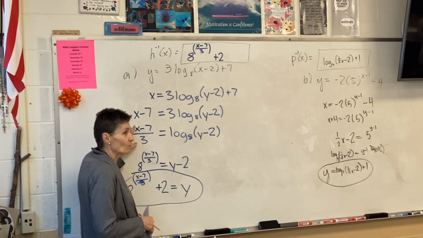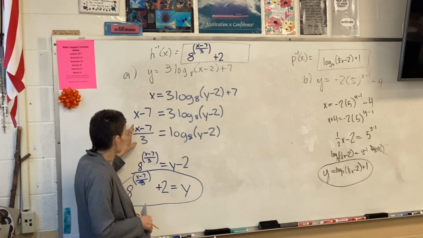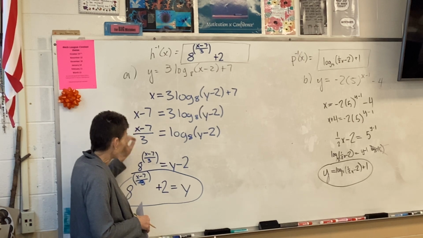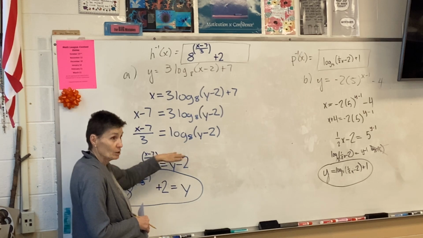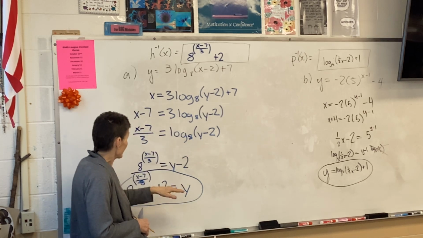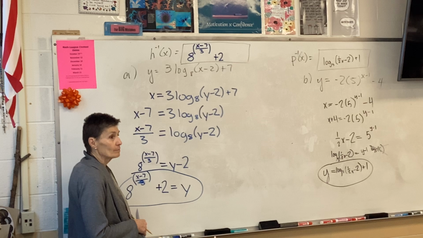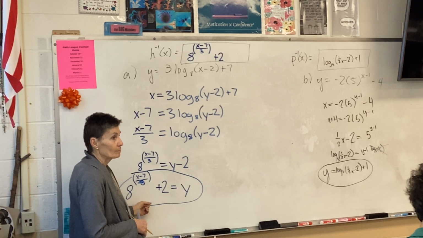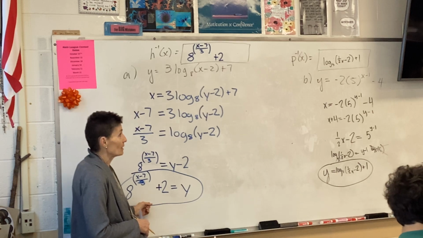This could also be written as 1/3 x minus 7/3, that's okay too, but this one wouldn't be as nice to rewrite, it's okay like this. And then he added 2. Anybody have an issue? That looks good.